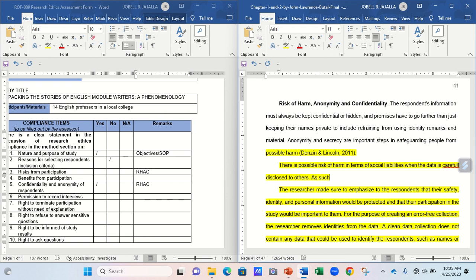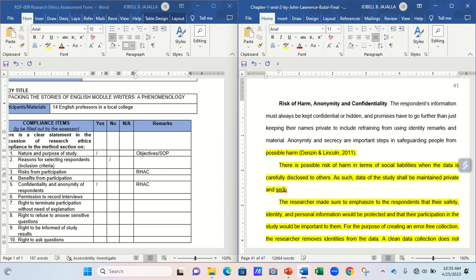As such, data of the study shall be maintained private and secured. So, ana na siya, no? Private and secured to avoid this incident from happening.